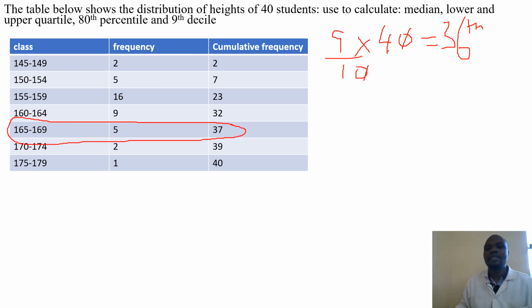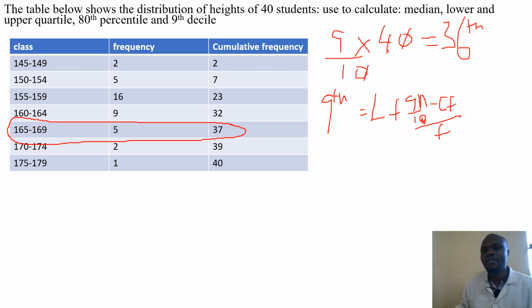So now to get the 9th decile, this one will be given by the lower class limit of that class, then plus 9 out of 10 multiplied by n, then minus the cumulated frequency above and divided by the frequency of that class, and then multiplied by the class interval.